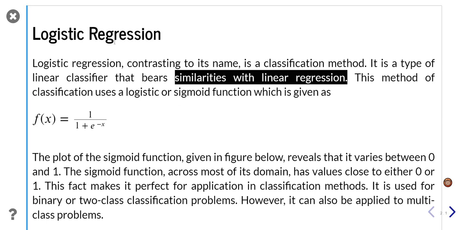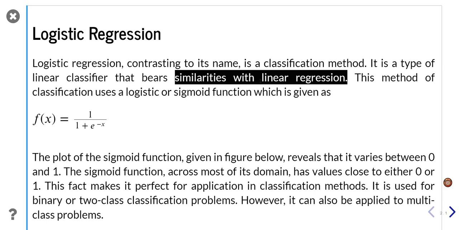This explanation on logistic regression is very, very important. How logistic regression is done, the formula of logistic regression, and also the graph of logistic regression are very, very important.